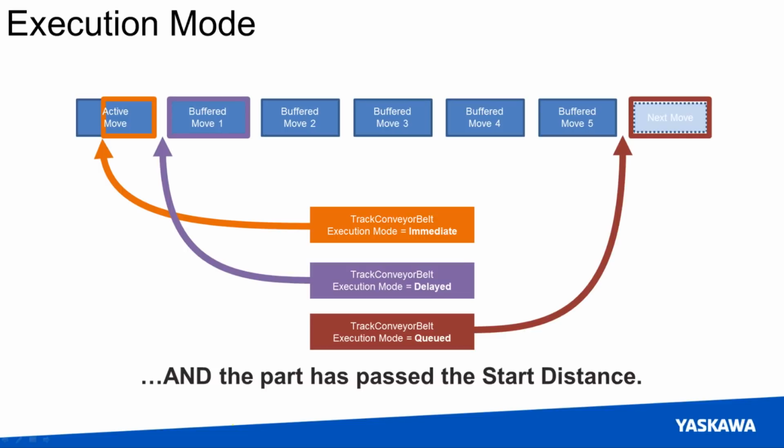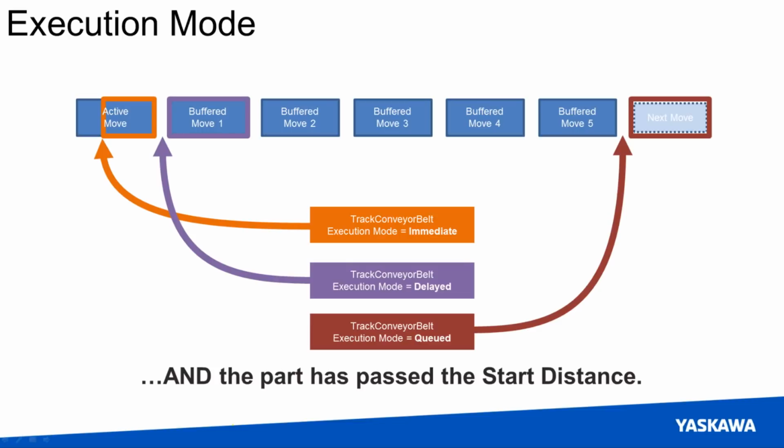So it goes after the last buffered move and will start before the next move that is put onto the motion queue. Of course, all of these also require that the part has passed the start distance and that we're in the synchronization zone before the execution of MC Track Conveyor Belt actually begins.